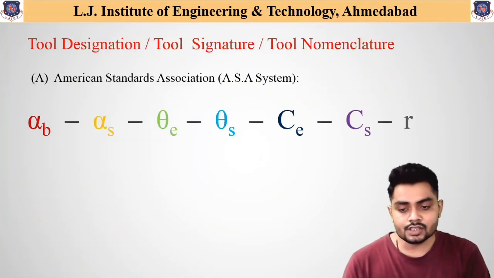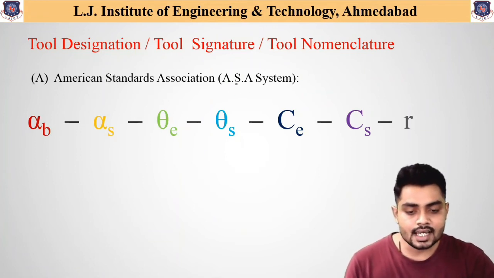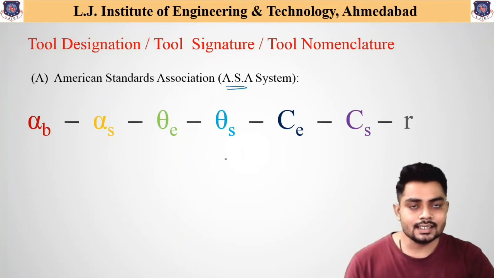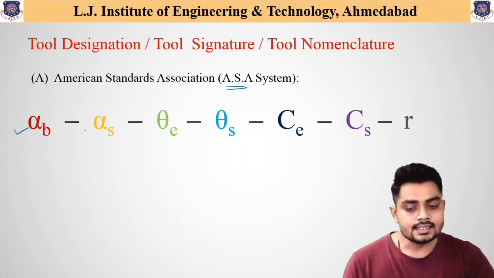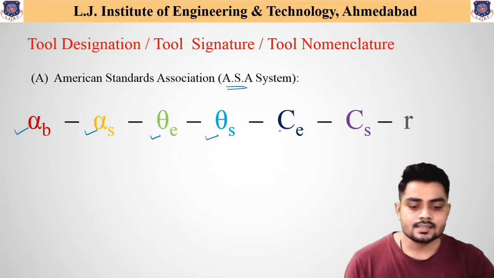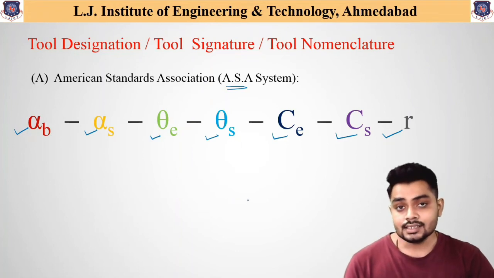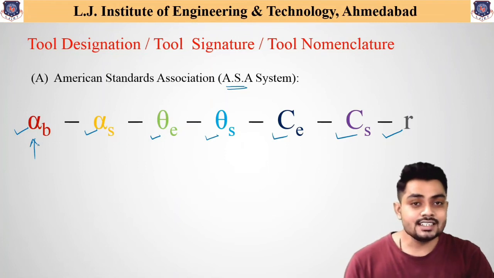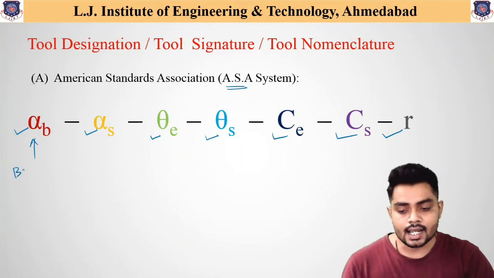From these, the first one is the American Standard Association system, that means the ASA system. This ASA system is indicated by 7 sequential parameters: first alpha B, the second alpha S, next theta E, theta S, CE, CS, and R. As we have listed in our previous slide, alpha B is called the back rake angle.